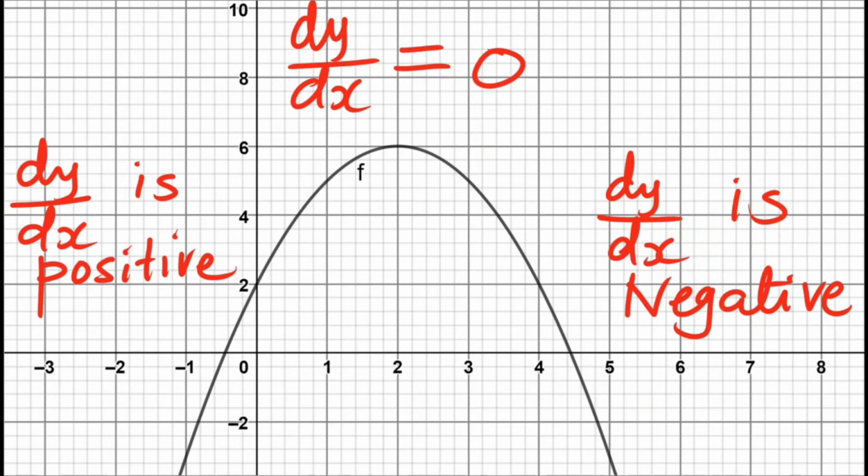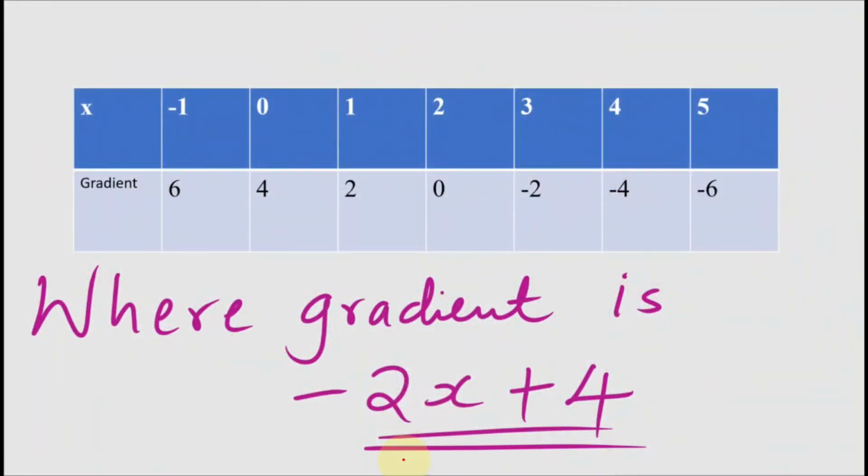You can see this clearly from the table of values. You can see this is the point where the gradient is 0. To the right, the gradient is negative. Then to the left of that point, the gradient is positive. Very important to note that.